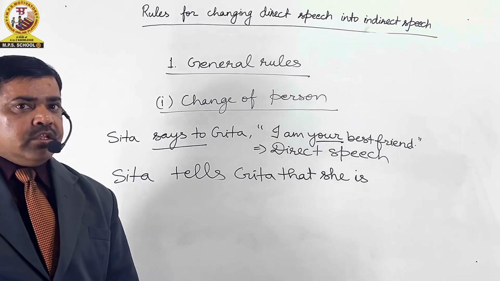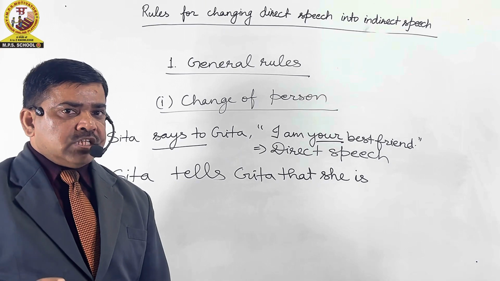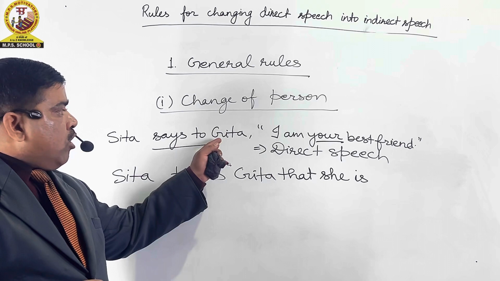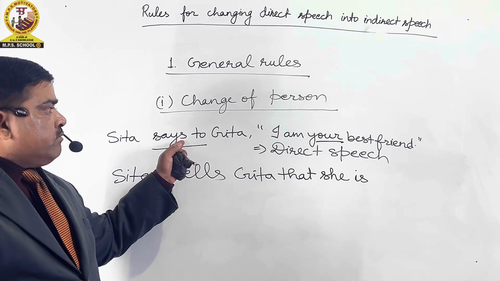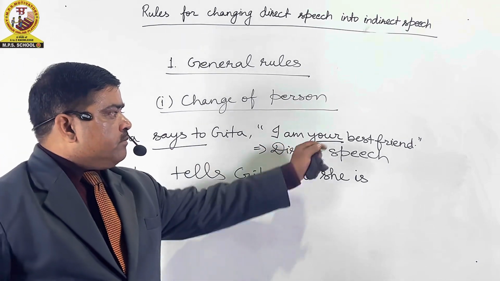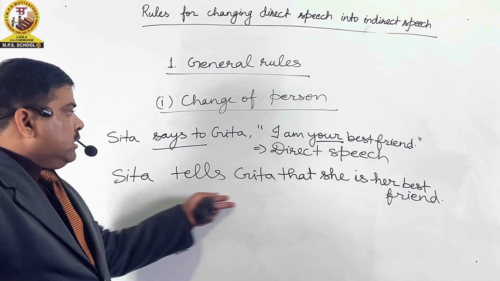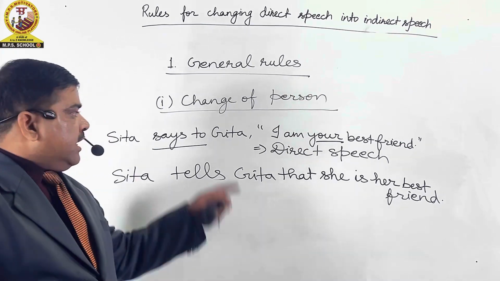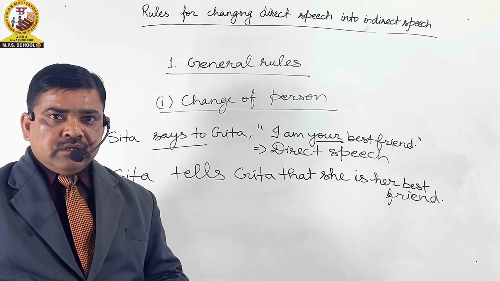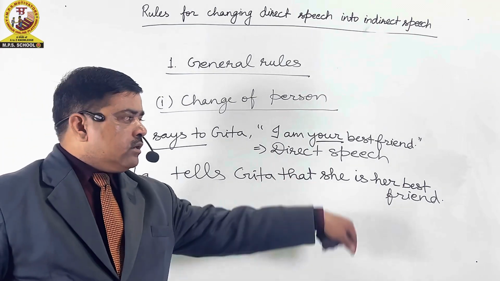Here the second person your is used, and as I have already discussed, the second person will be changed according to the object of the reporting verb, and that is Gita. So according to Gita, your will be changed into her. So the indirect speech of the above sentence, Sita says to Gita, "I am your best friend," is: Sita tells Gita that she is her best friend.